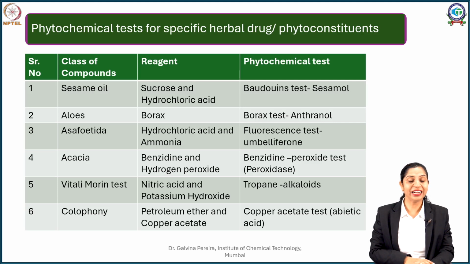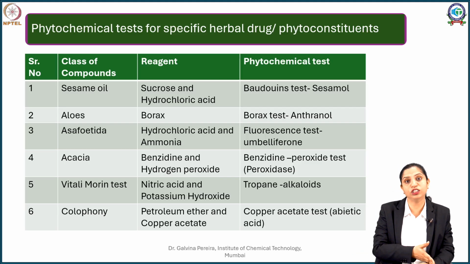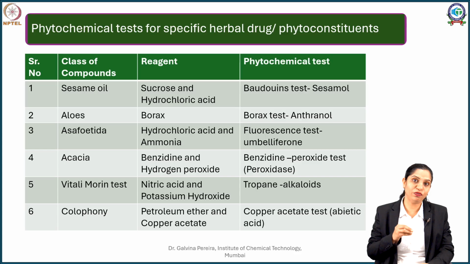Similarly, if you recollect aloes, now the anthraquinone test will be given by aloes, it will be given by senna, it will be given by most of the drugs containing anthraquinone. So, Bontrager's test is going to be non-specific. If I have to specifically check if the sample given to me is aloes or not, I can do a borax test.